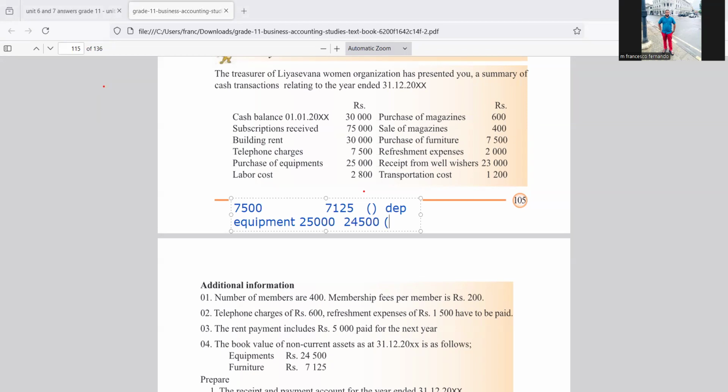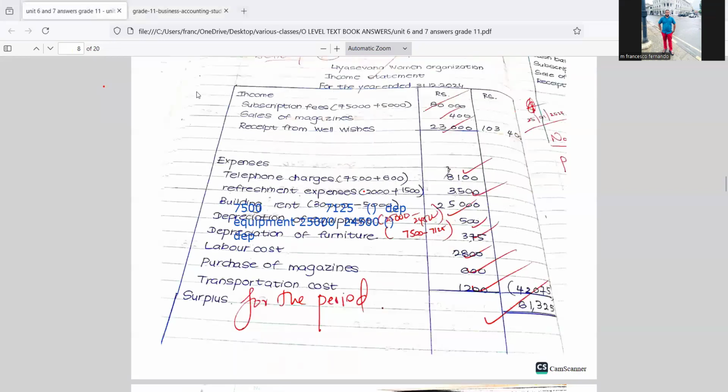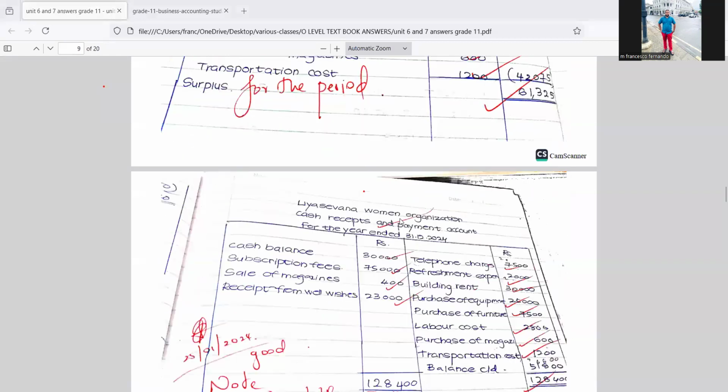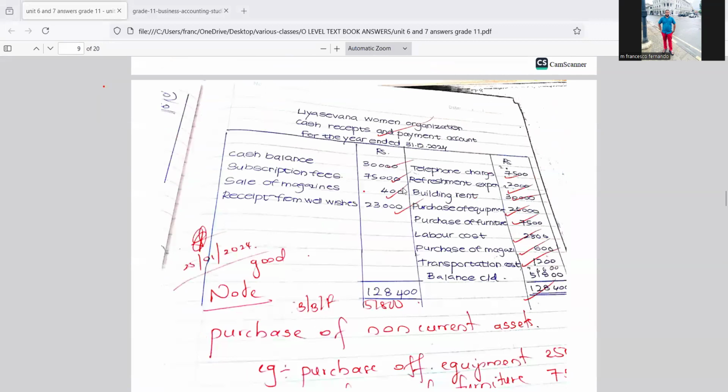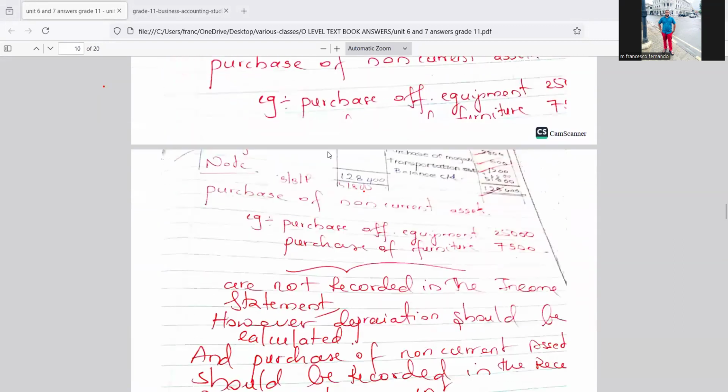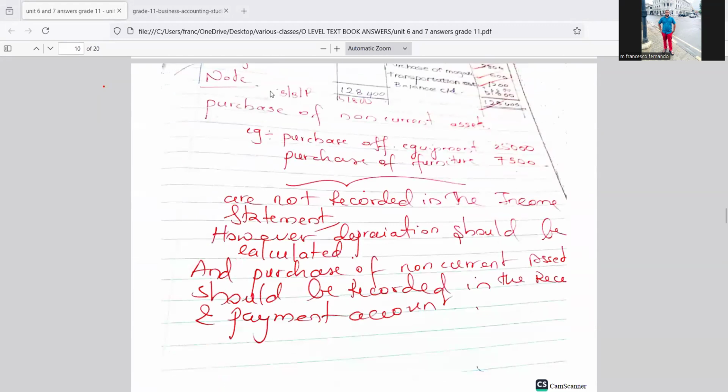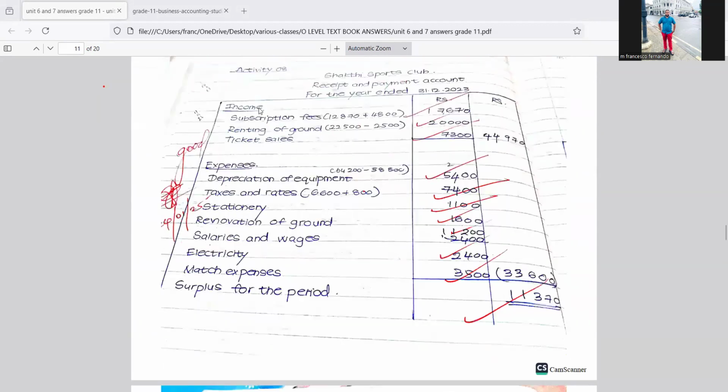So the gap is depreciation. So this is the answer for activity 7. And similarly, you can prepare the cash receipt and payment account. So here there is a small note where purchase of equipment, purchase of furniture, purchase of building are not recorded in the income statement, but the depreciation should be calculated. However, this is recorded in the cash receipt and payment journal.